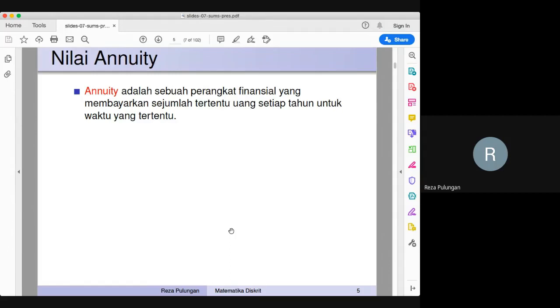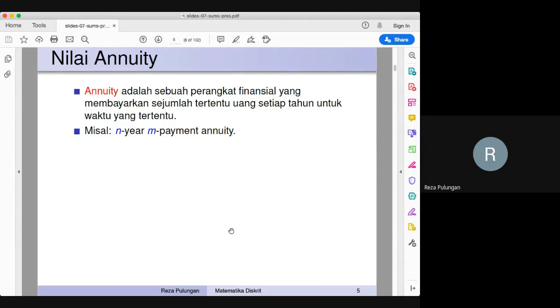This is one of the ways to do that. So, for example, we have an m-year payment annuity. What does it mean?